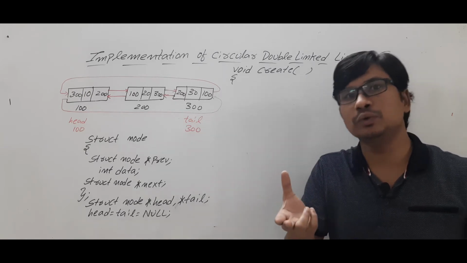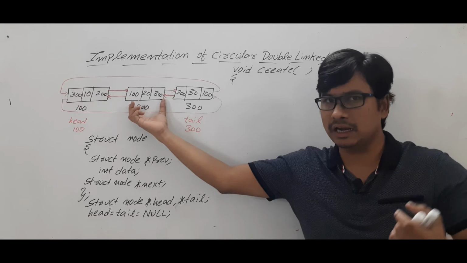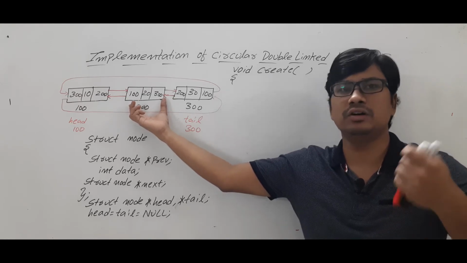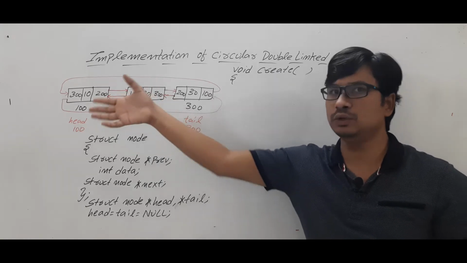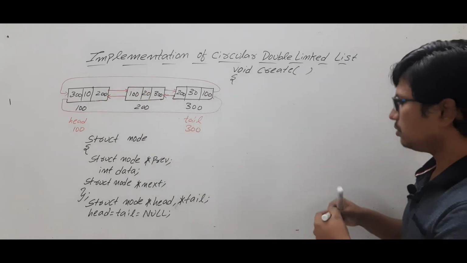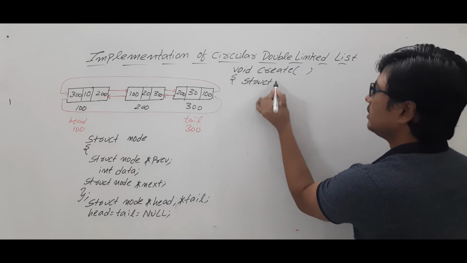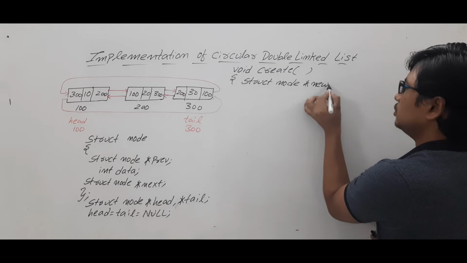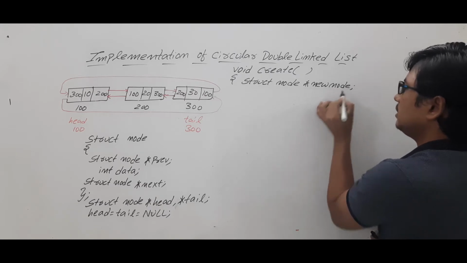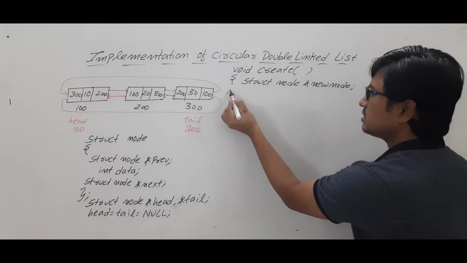Then we need to create a node using the dynamic memory allocation concept using the malloc or calloc function. Then we need to insert the values and link it. First, I will declare a pointer of struct node type as new node. Then using the malloc function, I will allocate the memory. So what is the syntax?